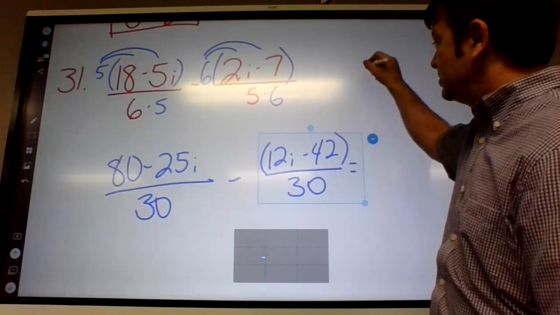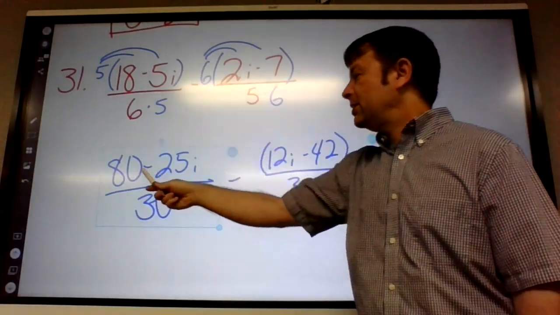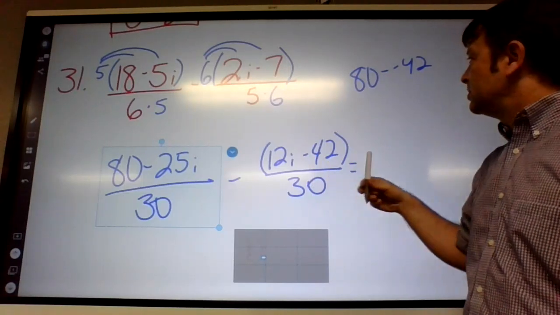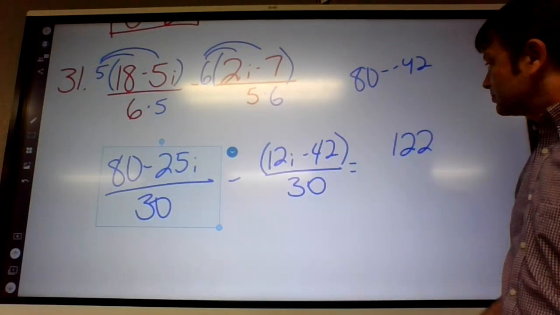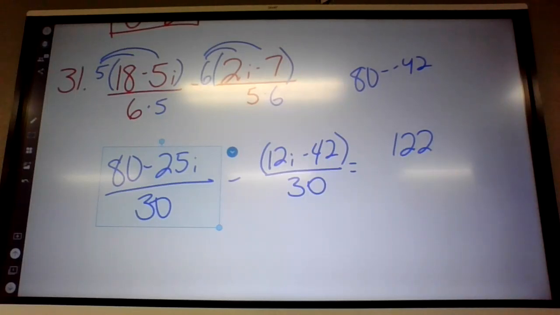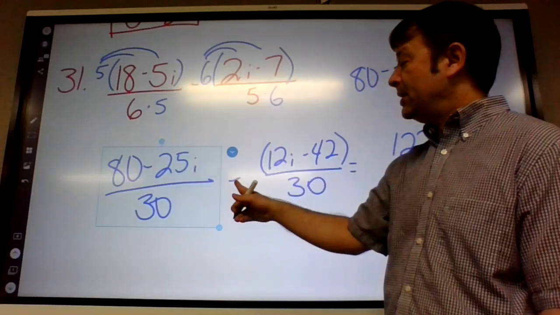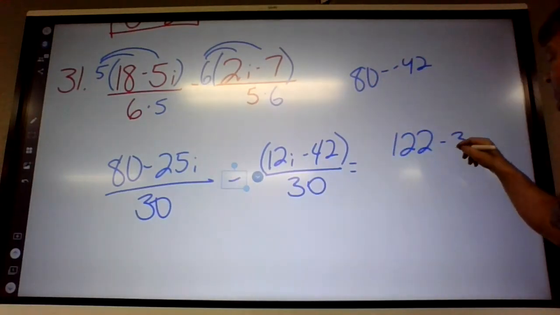You guys see where I got that? 80 minus negative 42. So plus 42. Right, so that would be like 122. Okay, and then we have negative 25i minus 12i. That'd be negative 37i.